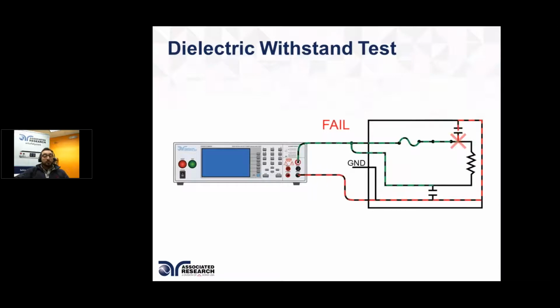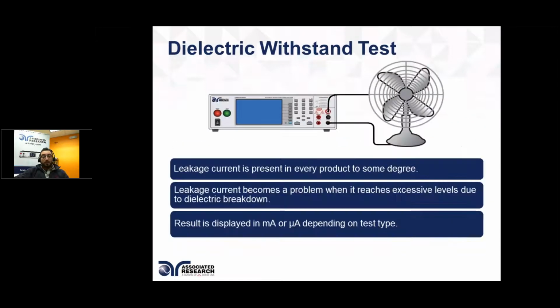If it does not fall within those thresholds, the high-pot test instrument will detect a failure and tell you that something's not right, because the leakage current range that you programmed is being either exceeded or it's falling below that range, which will result in a failure.